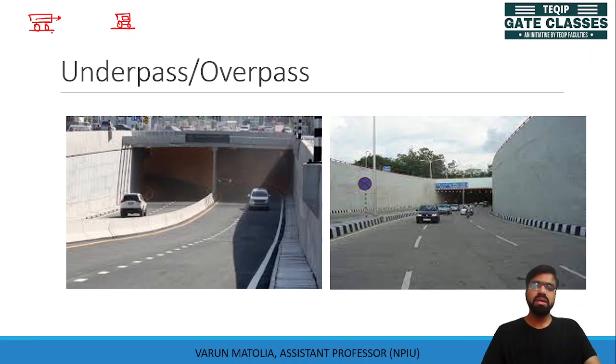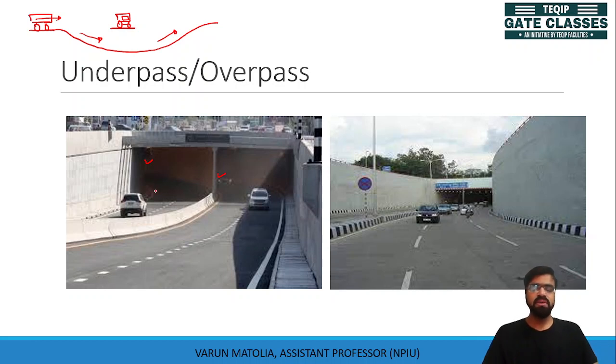So this road will either be depressed under your coming road, the vehicle will go down and will come up without interacting with this road. This is an example of your underpass.